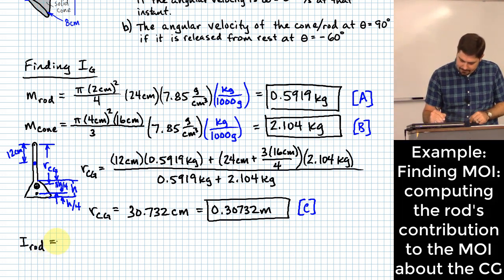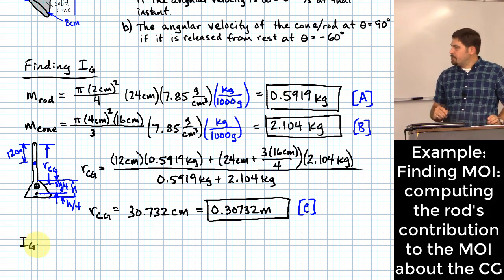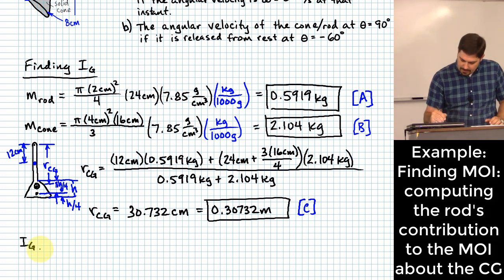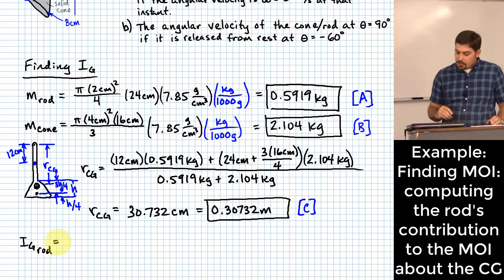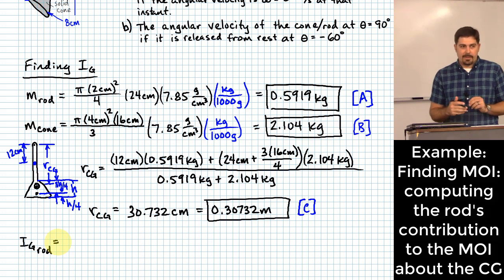Now, the moment of inertia for the rod, let me actually use some other subscripts here as well. The G, when I put a G on here, that is going to be relative to the center of gravity of the whole thing. Okay, and this will be for the rod. What I'm going to do now is look at what is the moment of inertia for the rod about its own center of gravity.